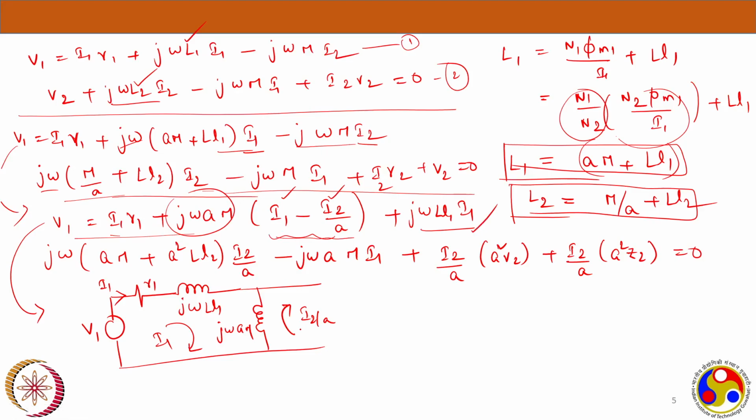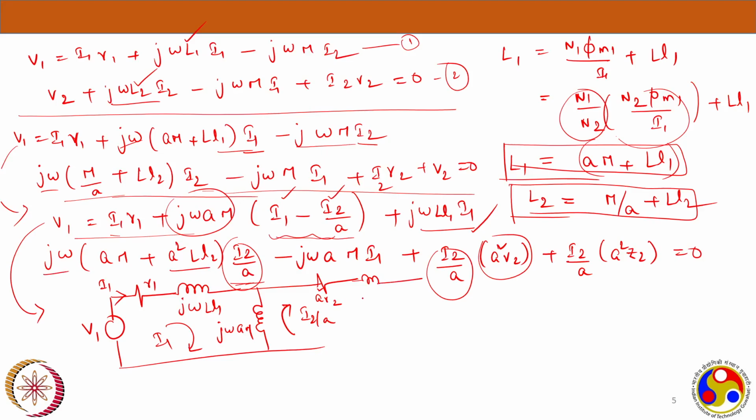Now if you see the secondary side, there is a squared R2 because I2 by a is the current. That's why I divided and multiplied by a to get I2 by a on every side. The first term will be a squared R2. Then we have another I2 by a term, a squared j omega LL2.